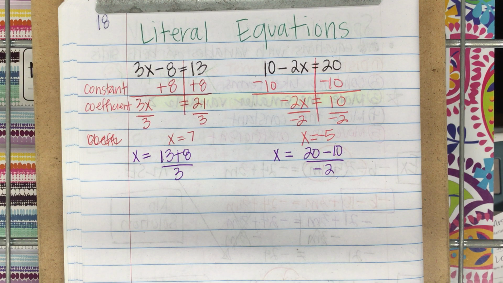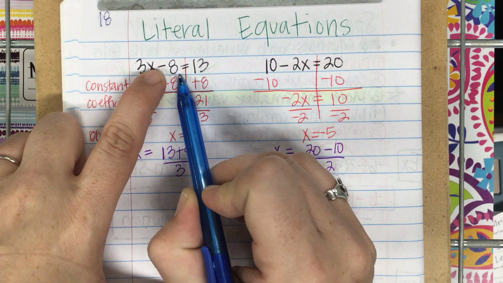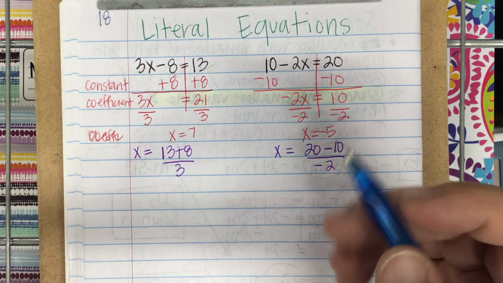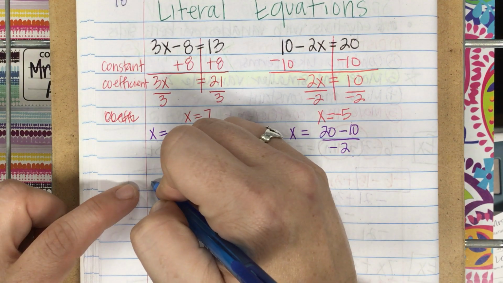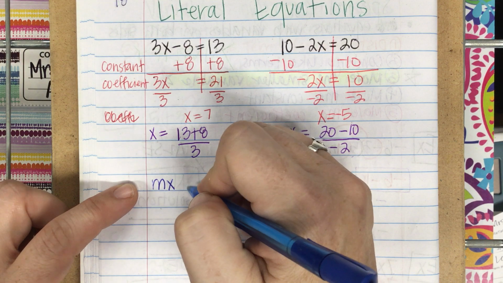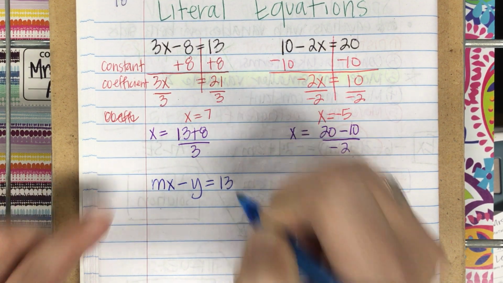So here's what I mean by that. Instead of the problem saying 3x minus 8 equals 13, what if my problem said mx minus y equals 13?